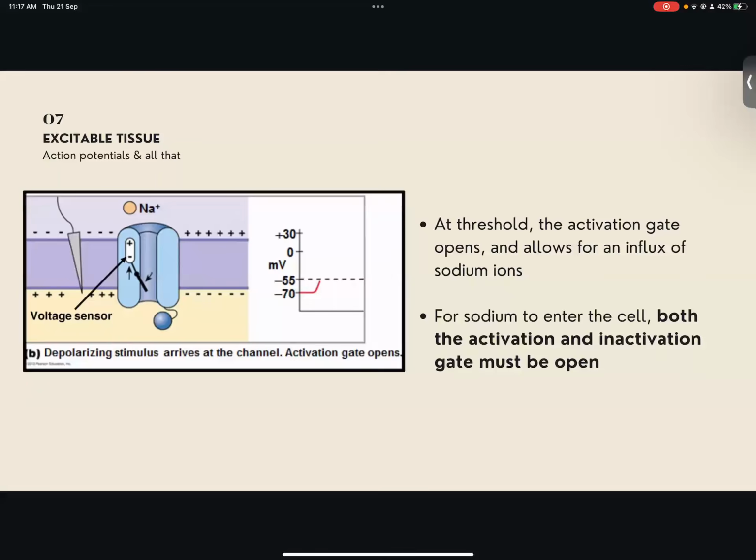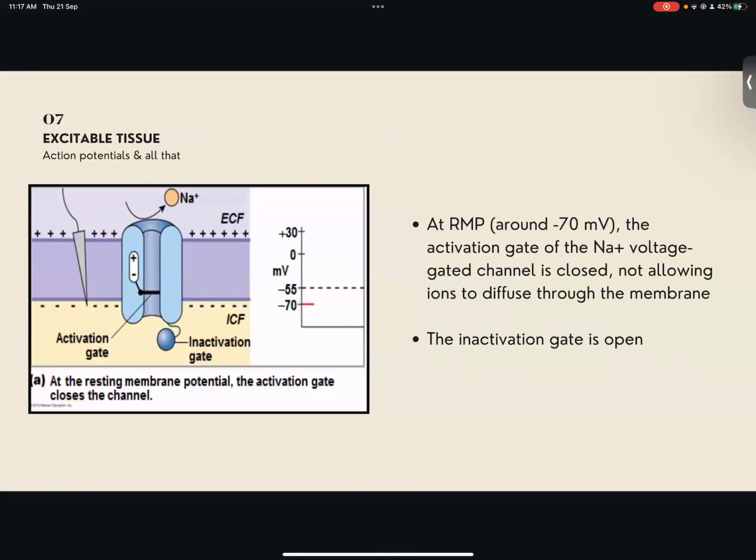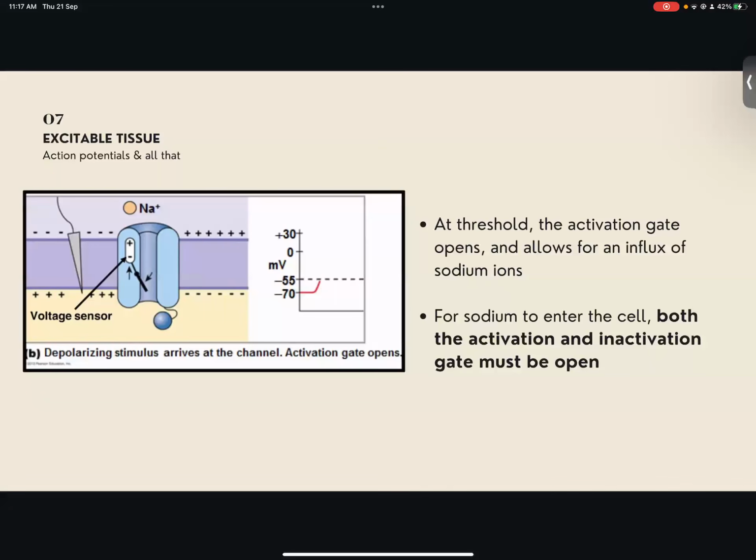Okay, so again, resting membrane potential, which is -70. The activation gate of the sodium voltage gated channel is closed, which will not allow ions to diffuse through the membrane. At the same time, your inactivation gate is open. Once you reach threshold potential, which is around -55 millivolts, the activation gate opens and it will allow for an influx of sodium ions.